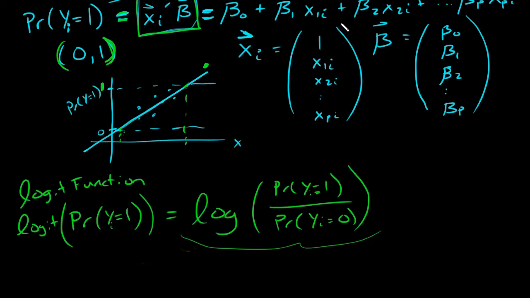So now when I model that this equals xi transpose times beta, I'm not going to have the problem of being outside the range of possibilities. That solved that problem. That's why we use this function. It's a smart way to get around the issue that the probability of y equals 1 has to be some number between 0 and 1.